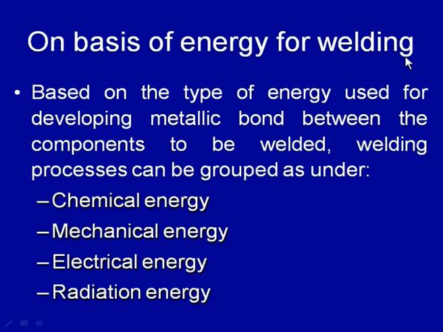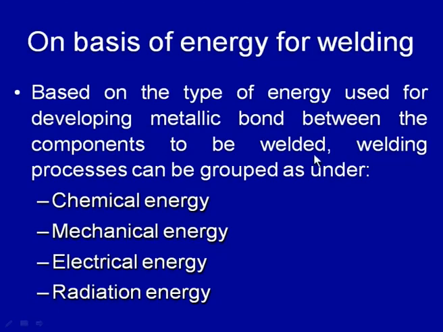On the basis of the energy being used, we can classify the weld joints in different ways, for example, how the heat is being generated for developing the metallic continuity or bond between the components to be welded. So, based on the type of energy being used for developing the metallic bond between the components to be welded, the welding processes can be grouped under 4 headings.